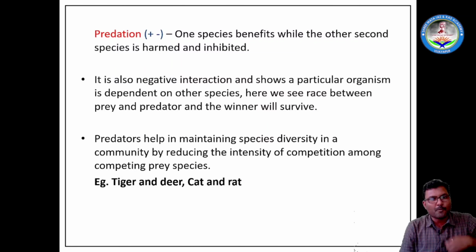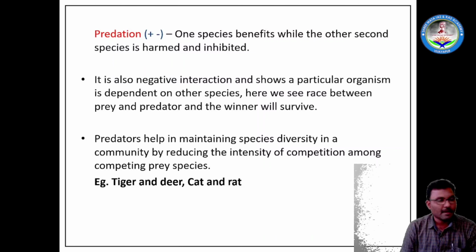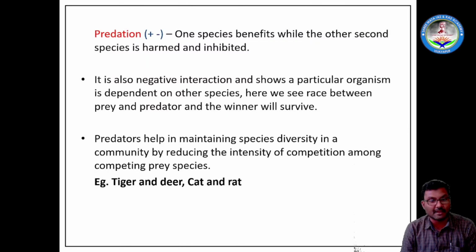Then we will go for predation, the second negative interaction. One species benefits while the second species is harmed and inhibited. Here totally one is benefited and another is harmed. It is also a negative interaction and shows a particular organism is dependent on another species.